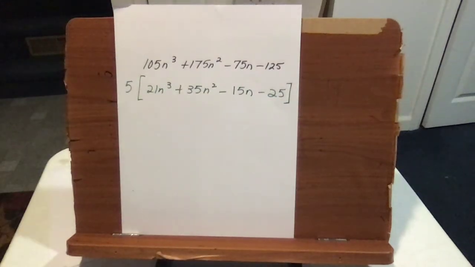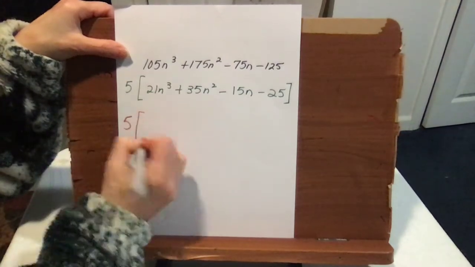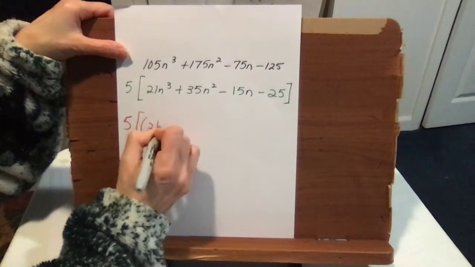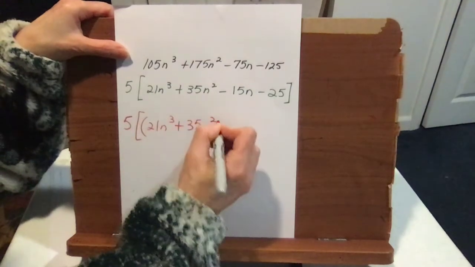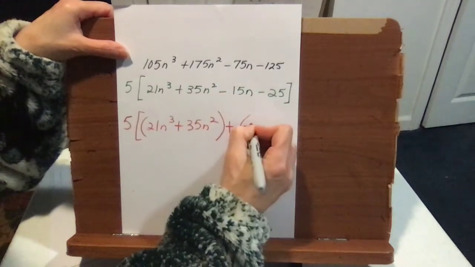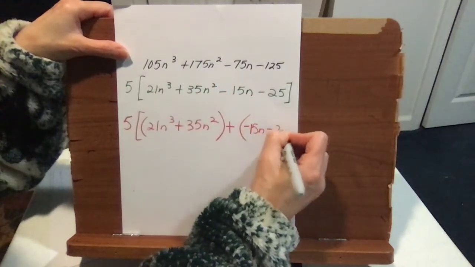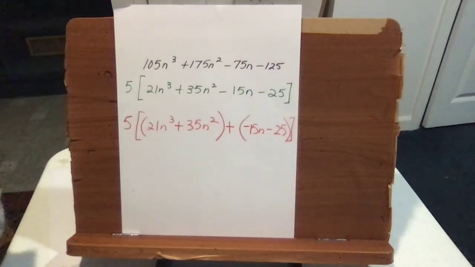All right, now what we're going to do is group inside. So we're going to take 5 and keep our GCF, open up our square brackets, and group 21n cubed plus 35n squared plus, and we're going to group the sign with this negative 15n minus 25 and close off your brackets.